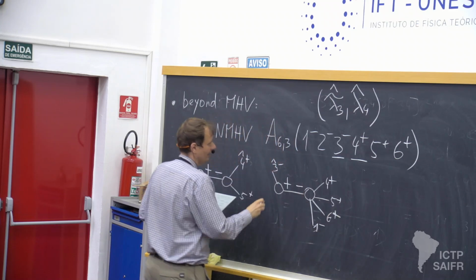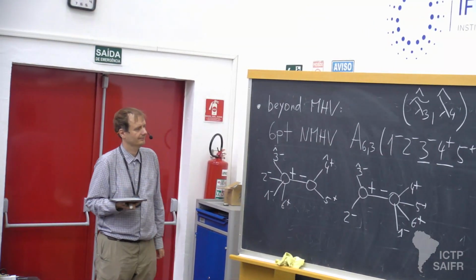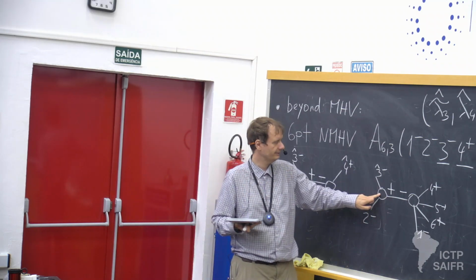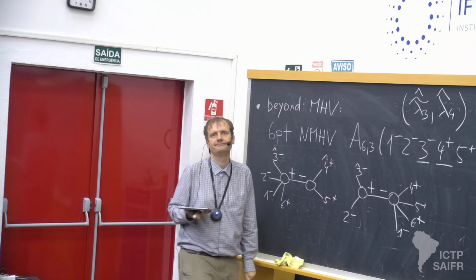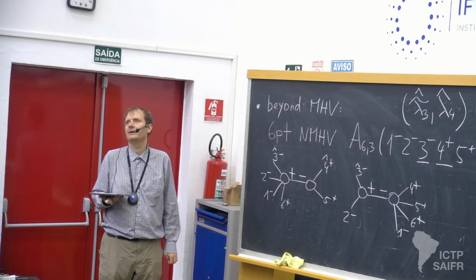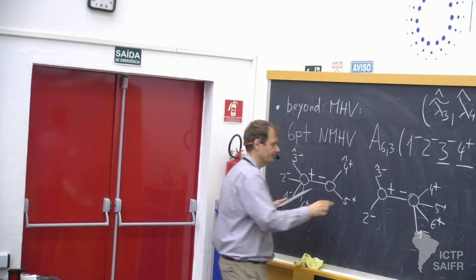So that one is allowed. 2 minuses, 1 plus, that one is fine. 2 minuses, 3 pluses, that one is fine. So these are the only 2 non-zero terms that we will have. But we have 2 of them now.